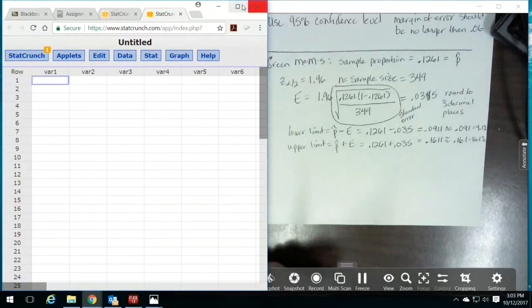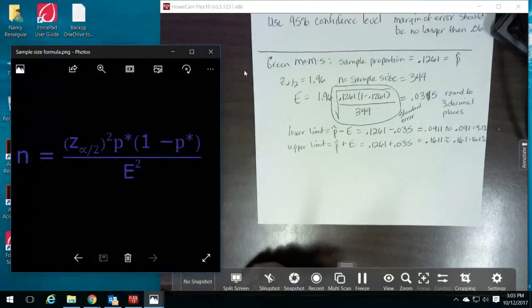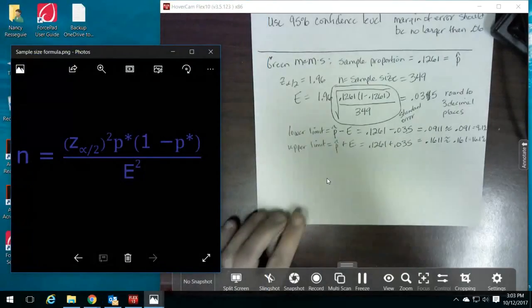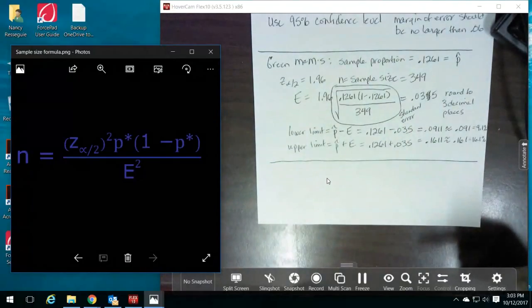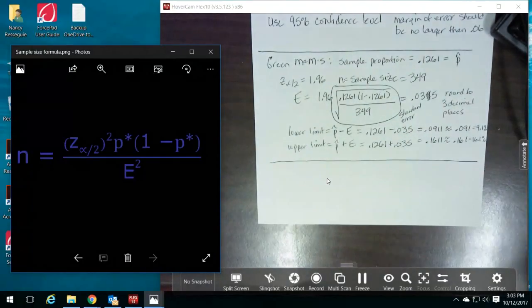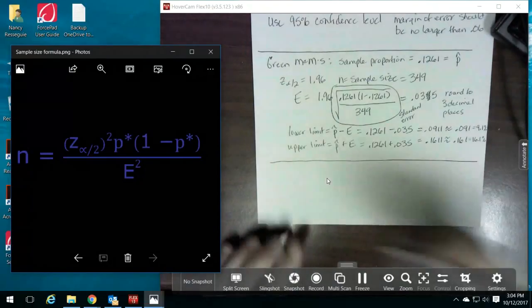Okay, so the last thing on the assignment is to do statements for each one of the confidence intervals you find. So again, you're going to repeat this process of finding the confidence interval 6 times, once for each color. And then for each one of those, you're going to write a statement saying what the confidence interval actually was.